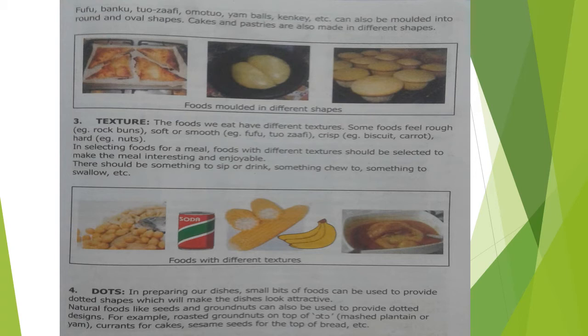For example, roasted groundnut granules on top of mashed plantain or yam. We have the currants for cakes, sesame seeds for the top of bread.